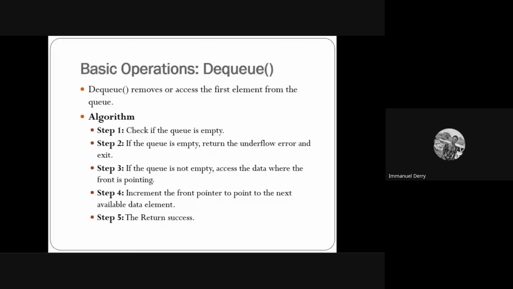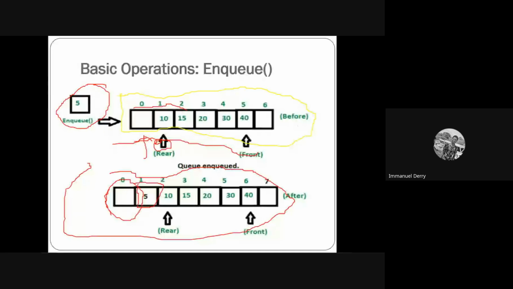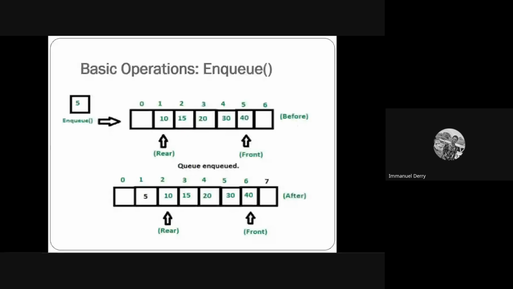All right, so let me go back again if you can hear me. What I was saying is that this is a diagram to show how the enqueuing really works. The first one we have here is before the enqueuing process. Before the enqueuing, we have 10, 15, 20, 30, and then 40.